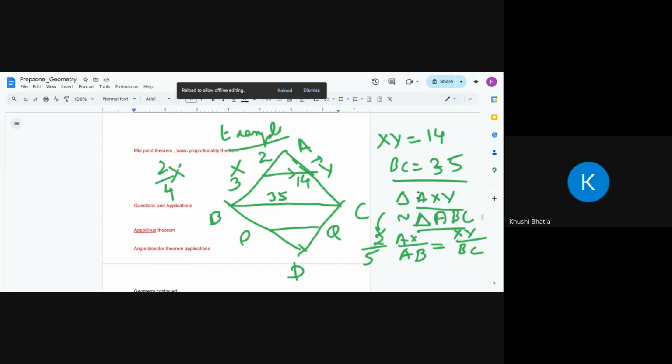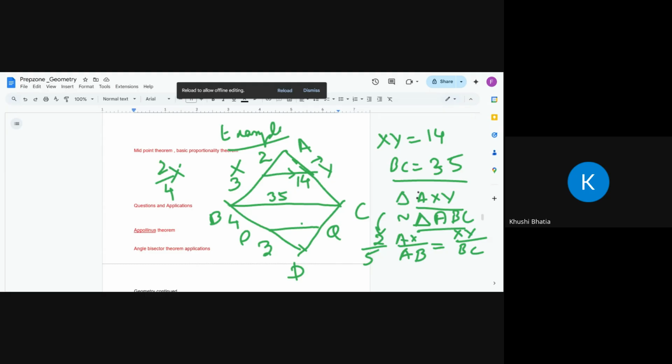Now let's say I give you one more from the same example. DP by PB is given as 3 by 4. Can you tell me the length of PQ if it is known that PQ is also parallel to BC? I can tell you.